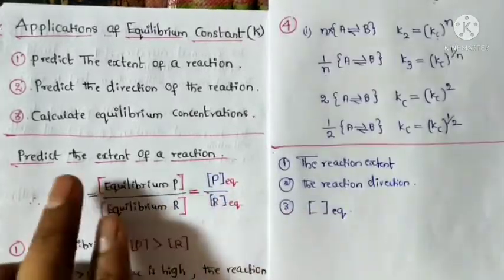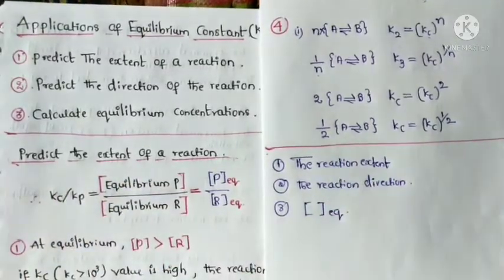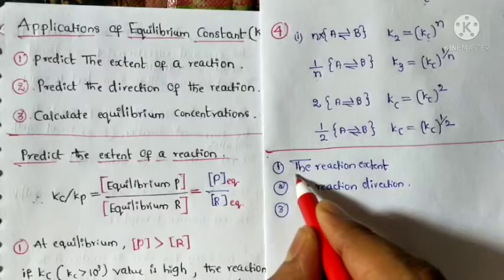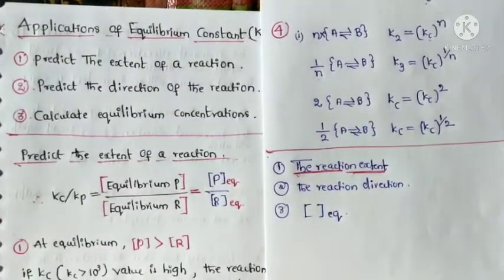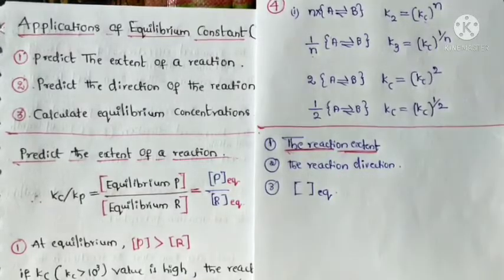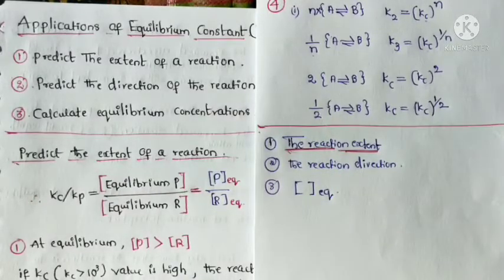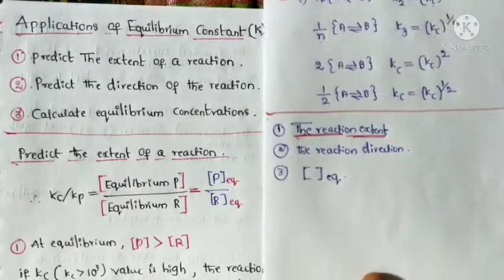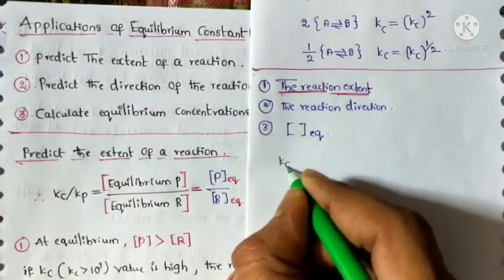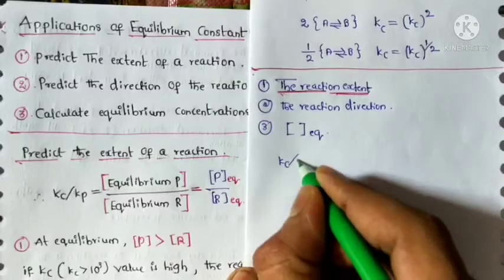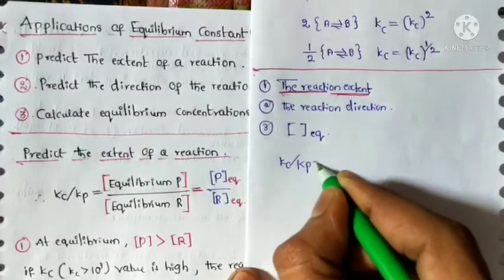So the first one is to predict the reaction extent. Okay, so it depends upon the value of the equilibrium constant, for example, the Kc or Kp value.